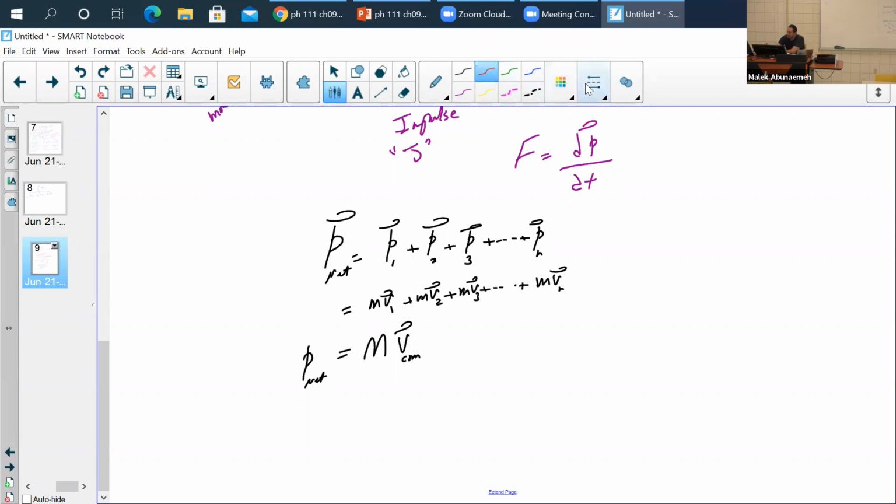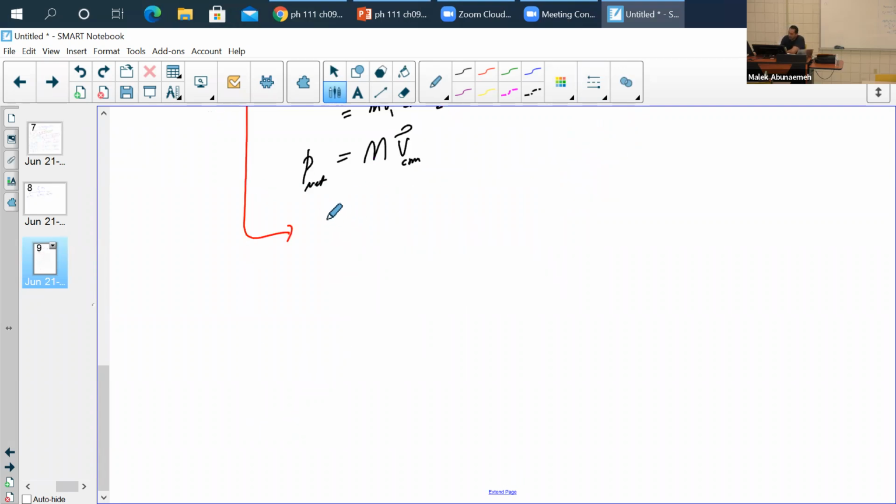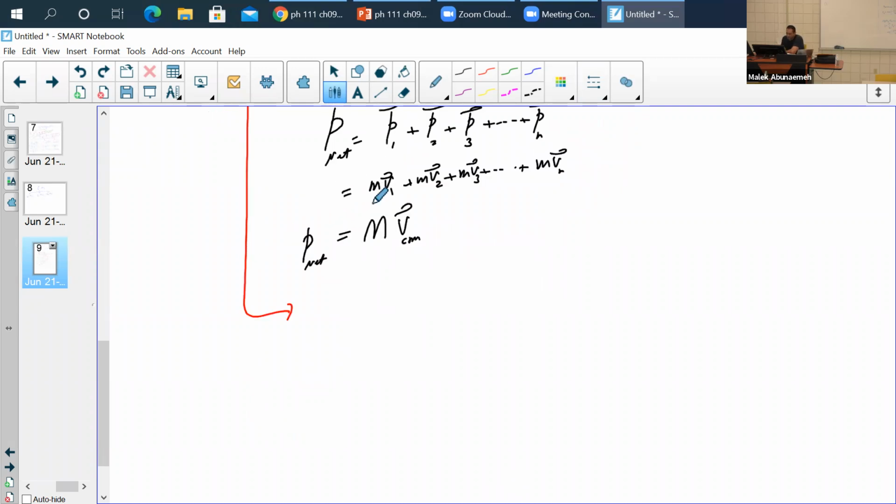Taking this and applying it right now over here, your change in momentum per time is going to equal all the masses multiplied by d v center of mass, divided by dt.